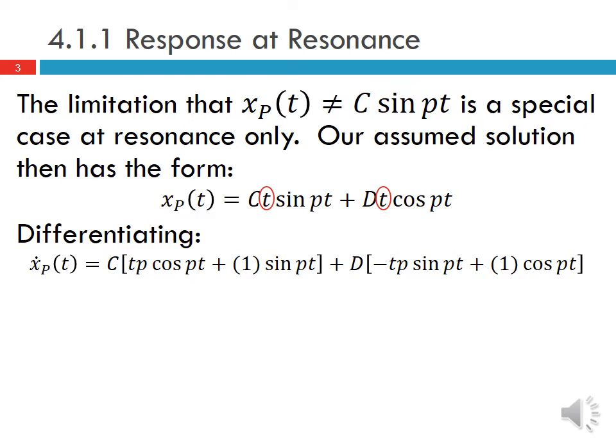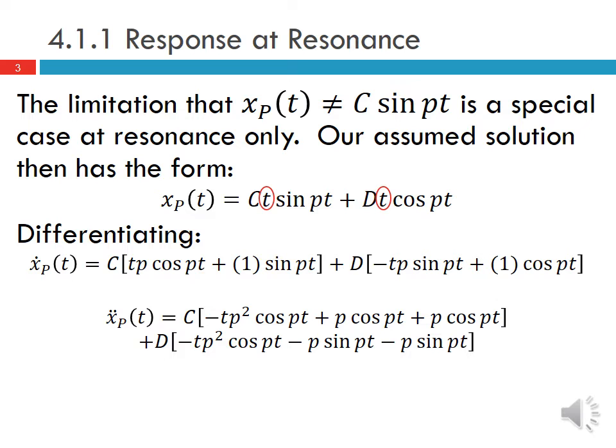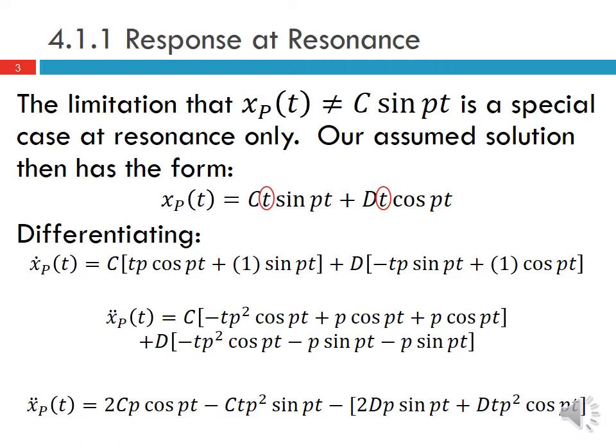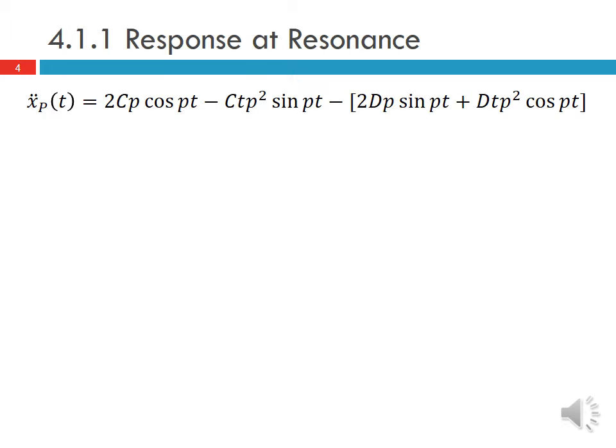Differentiating our particular solution, we can see that x_p dot is this expression here, and x_p double dot is given as shown here, which we can rearrange and simplify to the expression here.